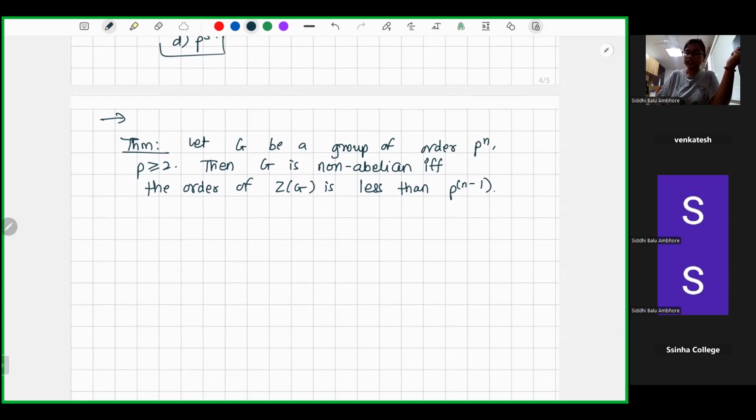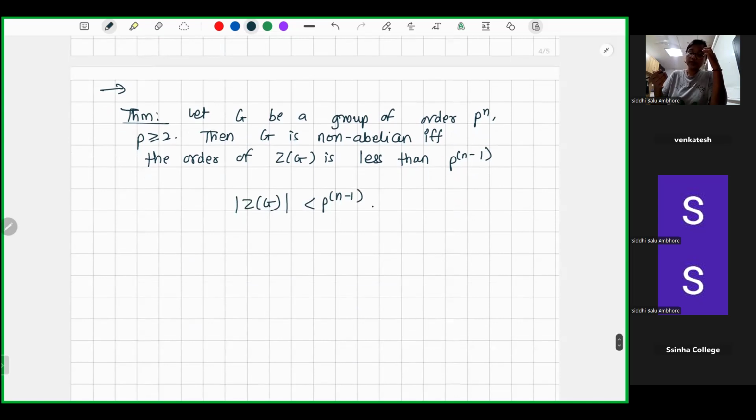Okay, and Z(G) is again a subgroup of G, and since G is of order P power n, this order of Z(G) would be P power k, where k is strictly less than n minus 1.